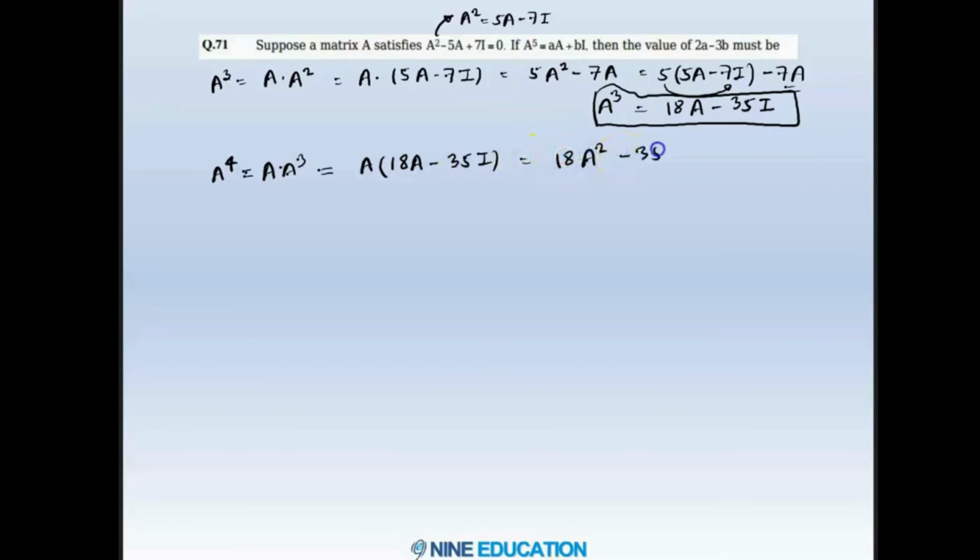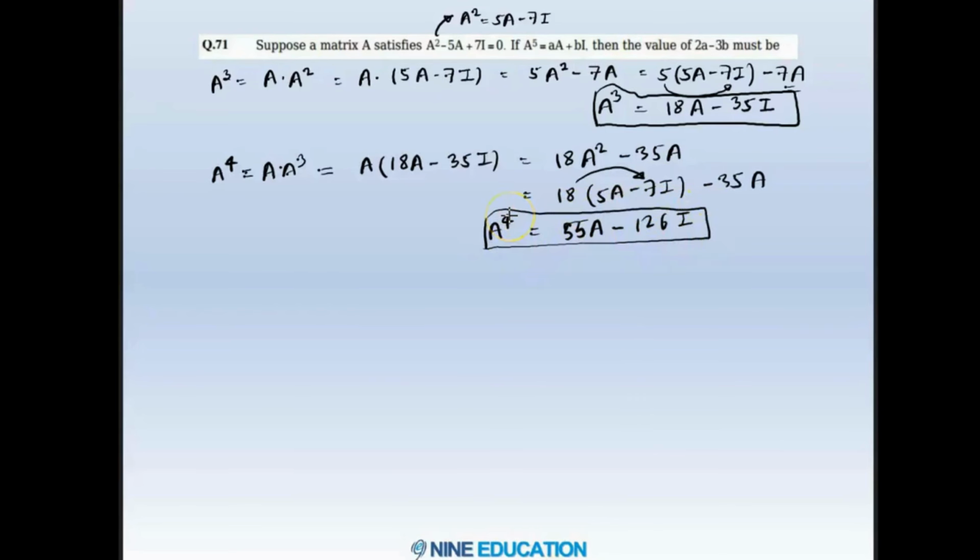Still we have the A square value in form of A, so 18 times of 5A minus 7I minus 35A. So this is going to be 90A, and 90 minus 35, if you do, it will be 55A. So 55A minus 18 into 7, if you calculate, that will give us 126I. So this is the value for A power 4 matrix.